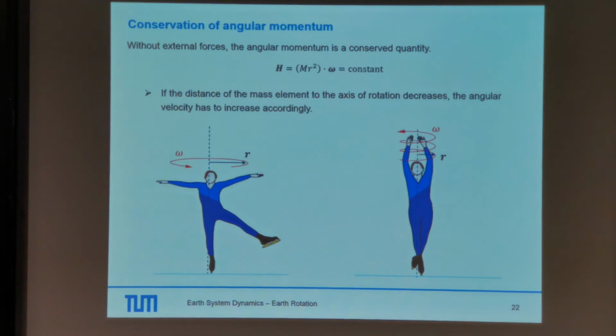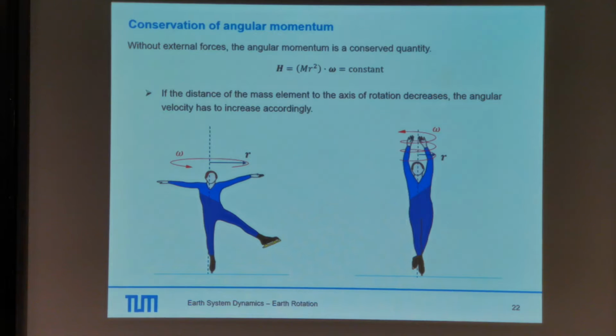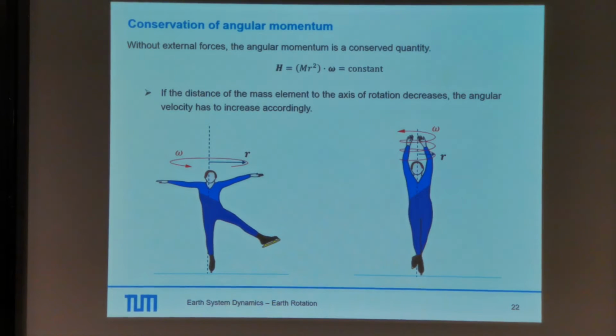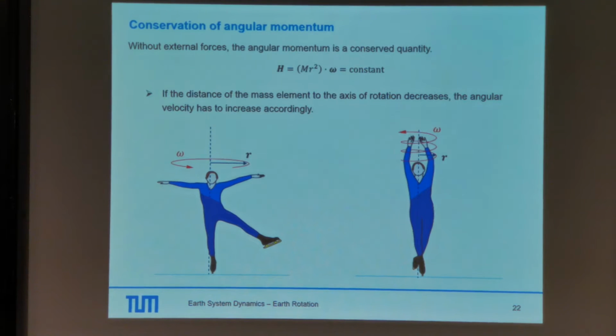So the Earth's figure is expanding a little bit, especially in the Scandinavian and Greenland region, due to the ice mass loss. The crust is now doing this rebounding effect, so it's getting far away from the rotation axis, which means, if you compare this to the figure skater, the Earth's angular velocity is slowing down. And we learned that the mean value of this LOD time series was something at plus 1.7 milliseconds.